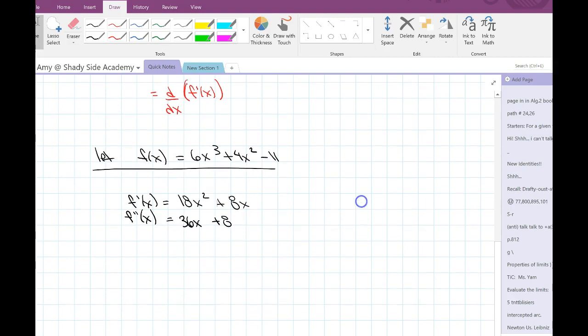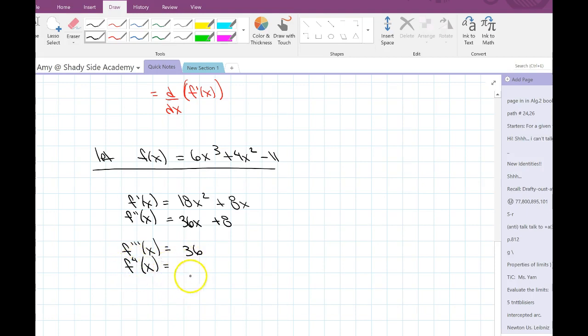Once we have the mechanics of taking higher derivatives, it just becomes a matter of proceeding. After triple prime, it starts to look a little silly. If you're asked for the fourth derivative, what you'll normally see is this: rather than writing 4 prime symbols, you'll see the fourth derivative of f.